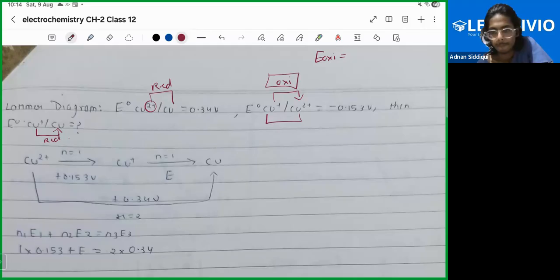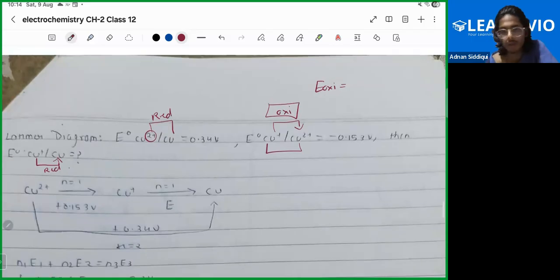Tell me, Ali. If you don't know, let me know that as well. See, you have to go to the PDF. It is written, right? If you have E oxidation potential, you can simply use a negative sign and you can convert it into E reduction potential, right?